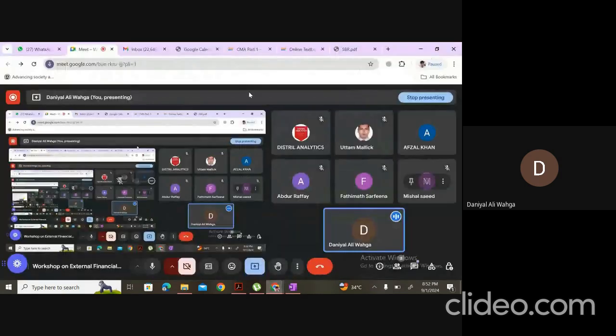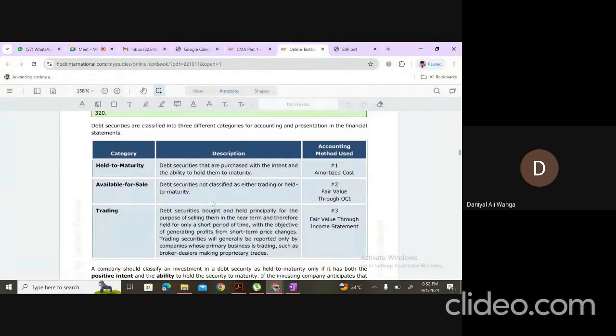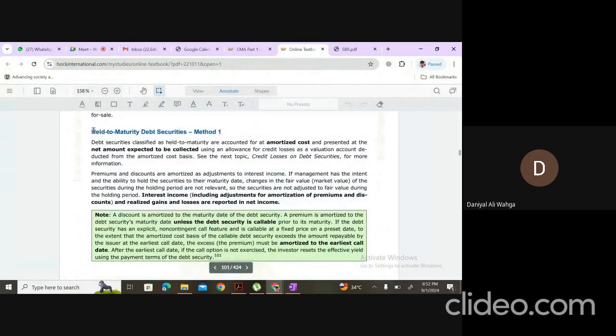I hope you understand. If we read this part, held to maturity debt securities: debt securities classified as held to maturity are accounted for using the amortized cost and presented at the net amount expected to be collected using an allowance for credit losses. We have not discussed credit losses at the moment.